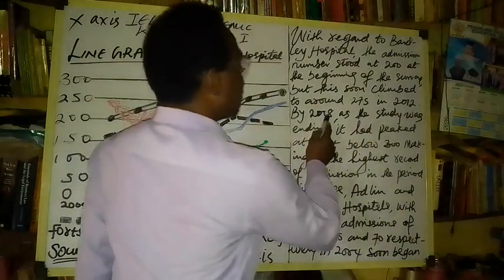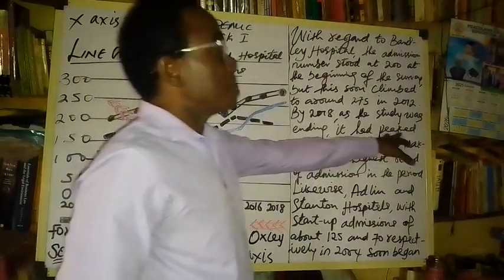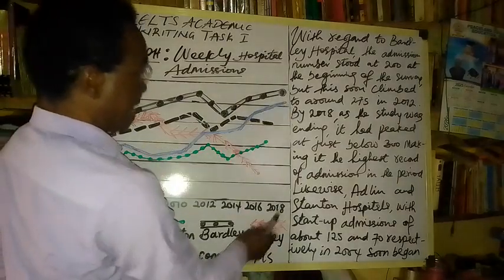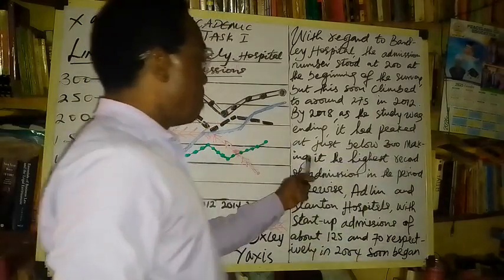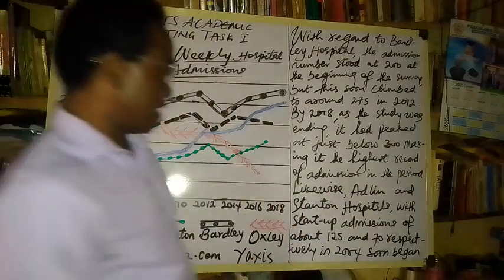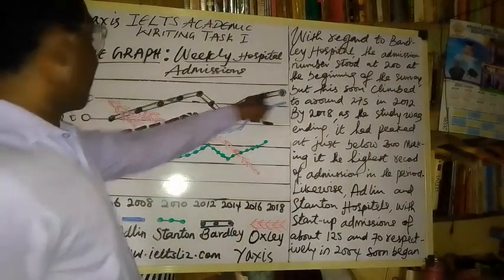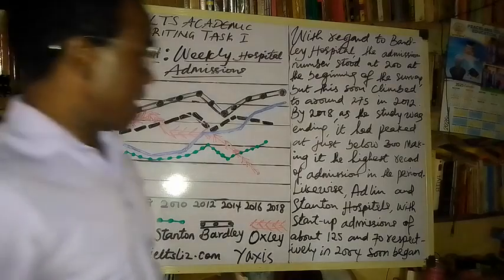In 2012. By 2018, as the survey was ending, it had peaked. That means it has reached its highest point. That is the point in 2018. It had peaked at just below 300, making it the highest record of admission in the period. That is correct. The highest admission in the period is just below 300, possibly 290 or 295.